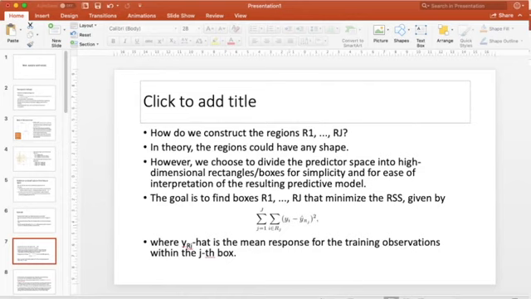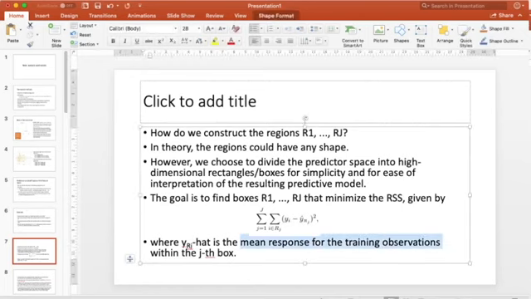We have the actual y, and we have here the y hat of Rj, where y hat of Rj is the mean response for the training observations within the j-th box. So instead of having the actual y and the predicted y, in some sort of way, this is also a predicted y. The y hat is actually the predicted y.